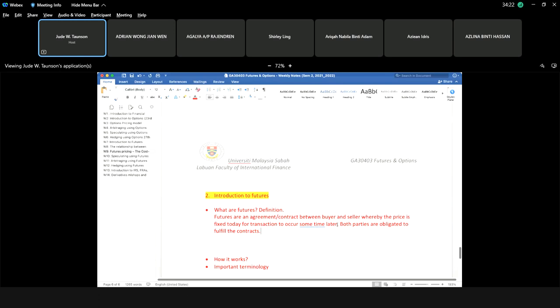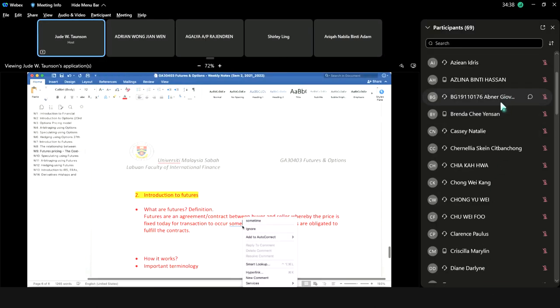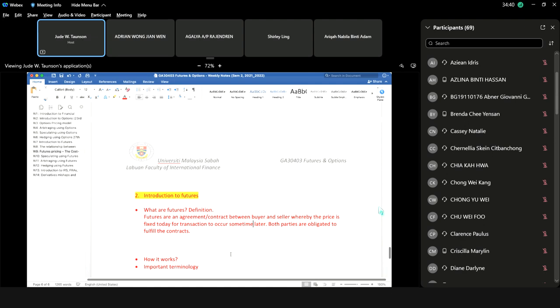Contoh, saya tidak boleh mengatakan, I'm sorry, saya tak jadi beli. Ataupun seller itu pun tidak boleh mengatakan, I'm sorry, tak jadi jual kepada kamu. Jika itu berlaku, saya boleh saman dia. Dan seller pun boleh saman.